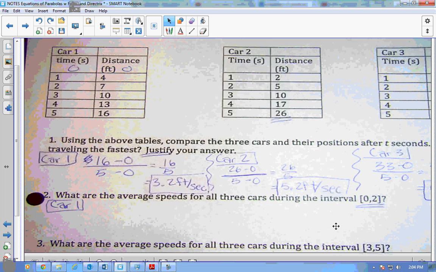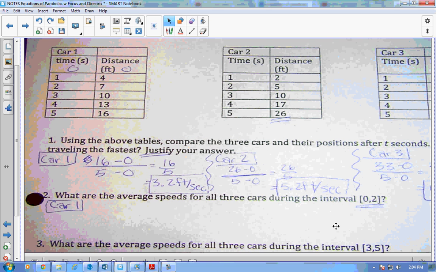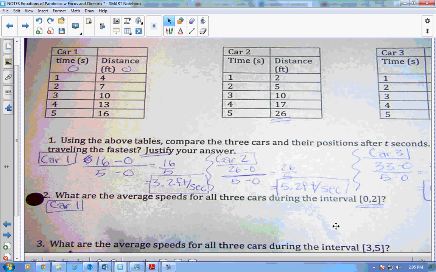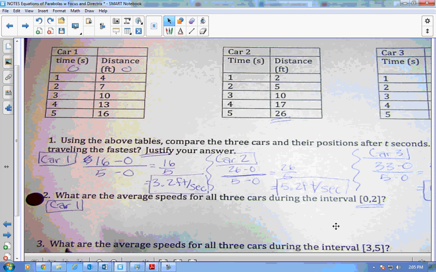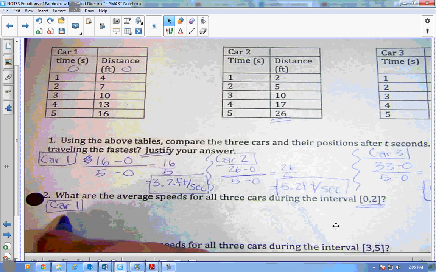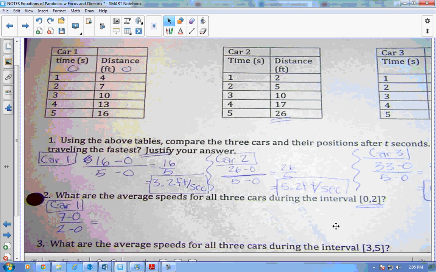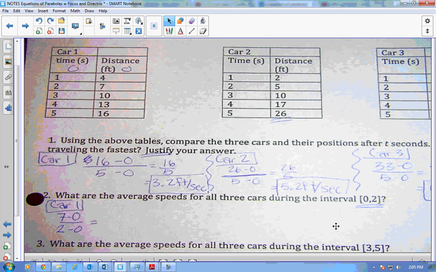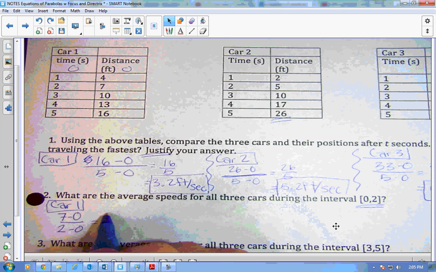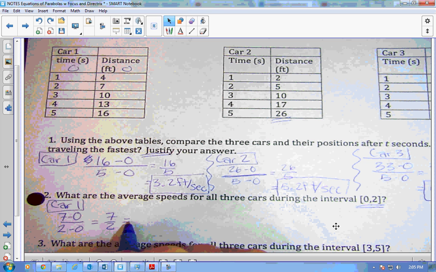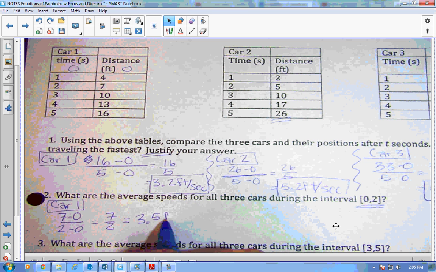The equation would be y2 minus y1, right? Yep, so 7 minus 0. Good. Over 2 minus 0. Good. So if we're going from 0, we actually have to use 0 and not the one that's given. So we get 7 over 2, which can you do that without a calculator? What's half of 7? 3.5 feet per second.